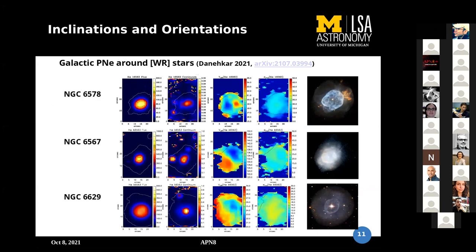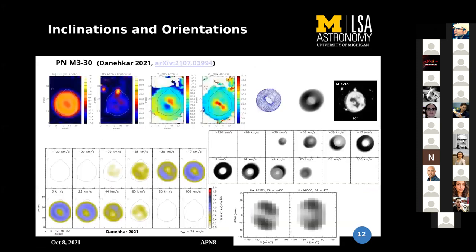And here are other examples of compact objects. On the left, I show the Hubble Space Telescope image, and in the third column you see the radial velocity maps. As you see, there is good agreement between the orientations in the Hubble Space Telescope and what we see in WiFeS. The other thing is that we can use velocity channel maps and position-velocity diagrams to constrain the inclination angles.